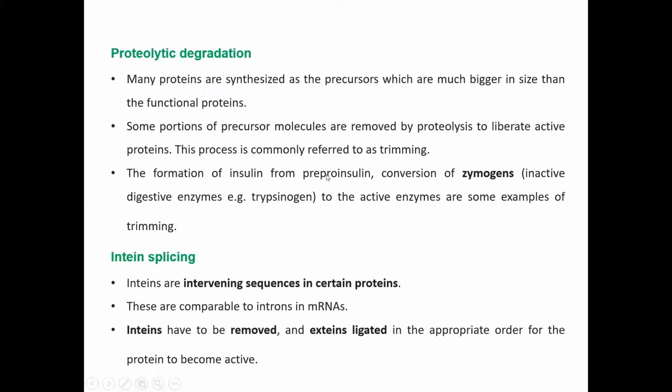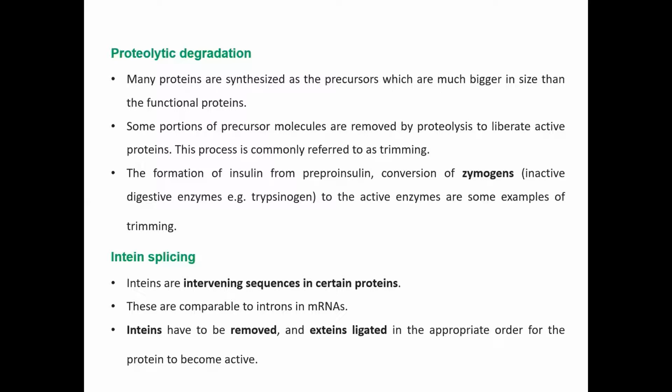In the case of insulin, the exteins are not joined, it's just the removal of the intein. So it's a different type of modification, but in intein splicing the middle sequence is removed and the extreme segments are joined. So that is an example of intein splicing.